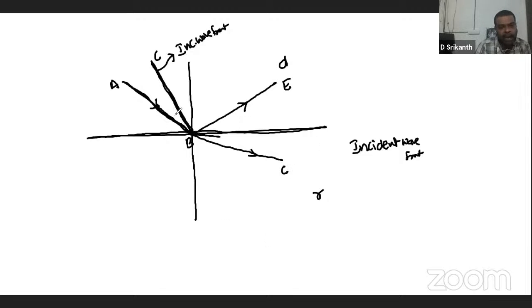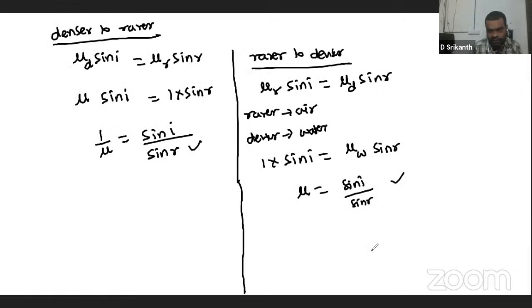Now, with respect to the normal, this incident wavefront has an angle i. By applying Snell's law, I can write mu d sine i equals mu r sine r, same as before. See the first page, second page, like this.